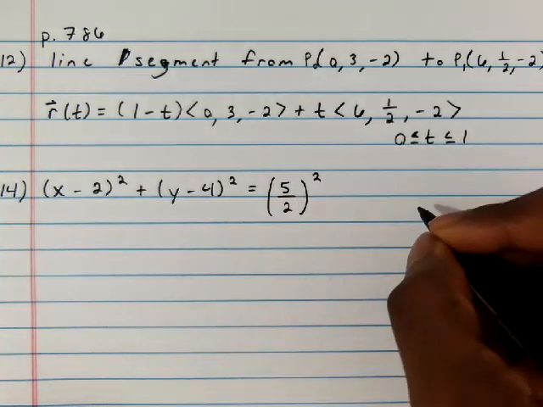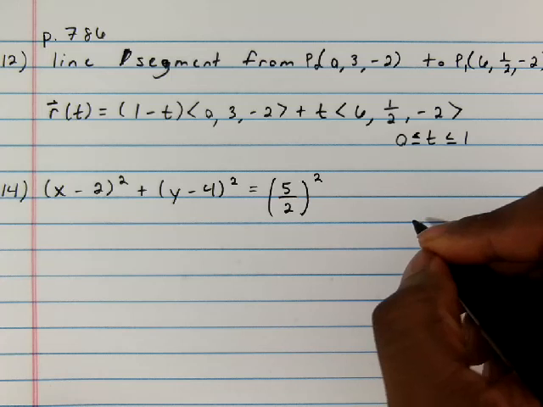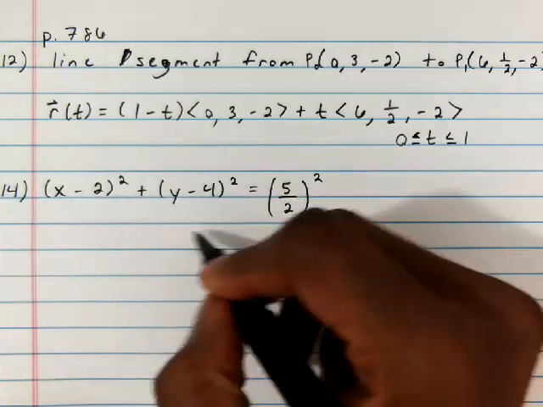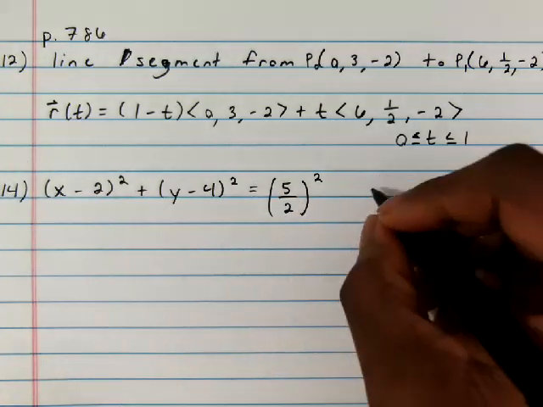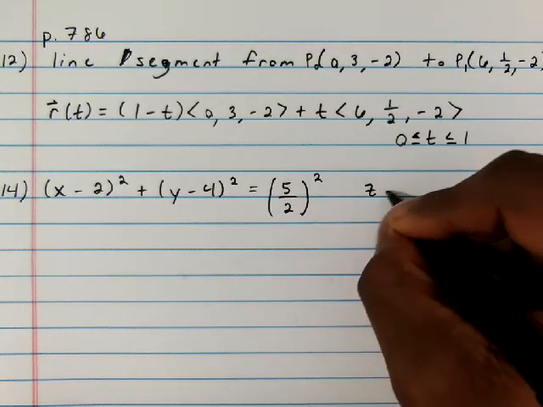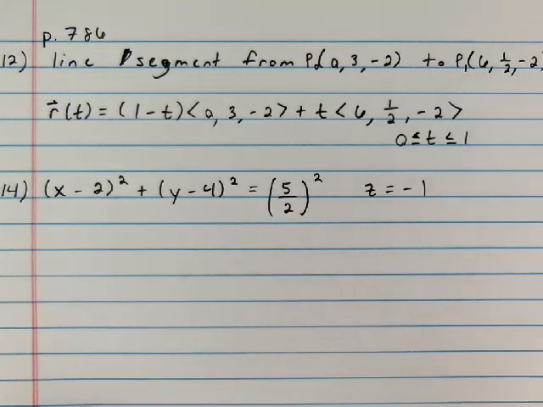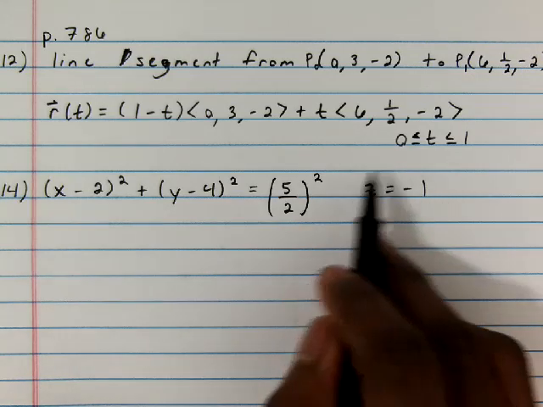And remember, if we don't specify z in this class, this will be a cylinder. But we don't want a cylinder, we want a circle. So we're going to specify z as they told us, where z is equal to -1. So the z is always -1.